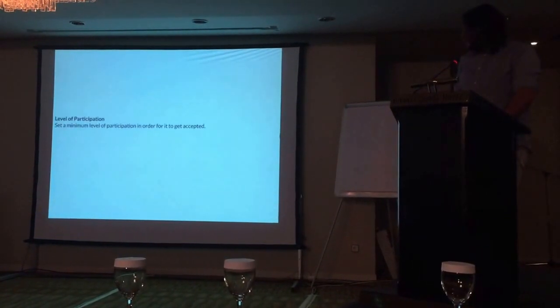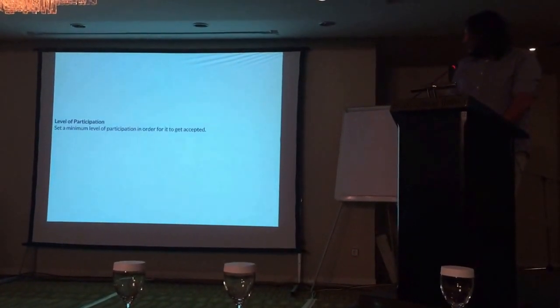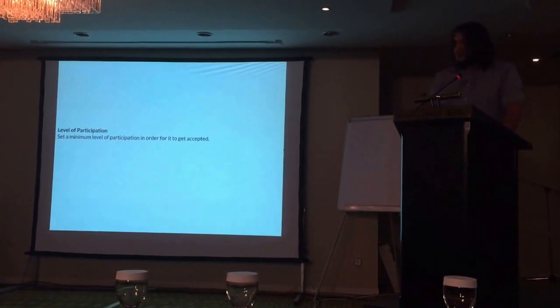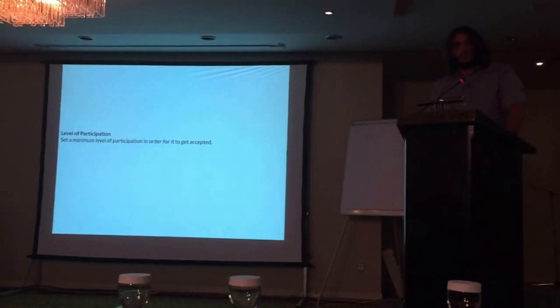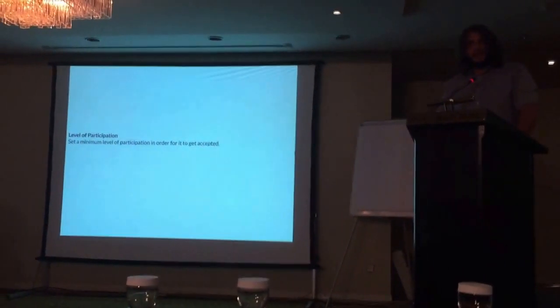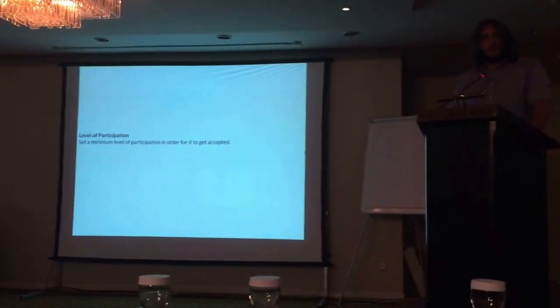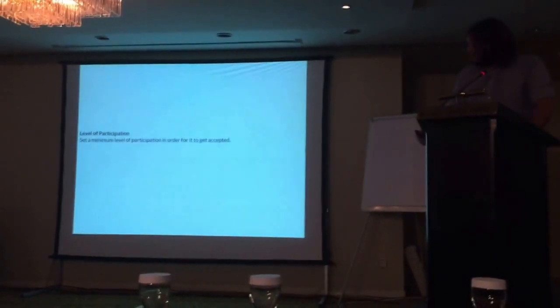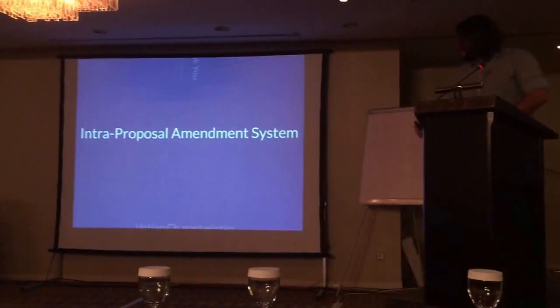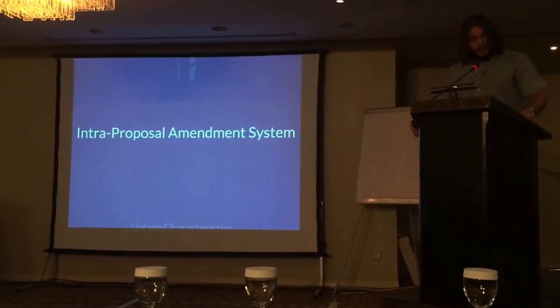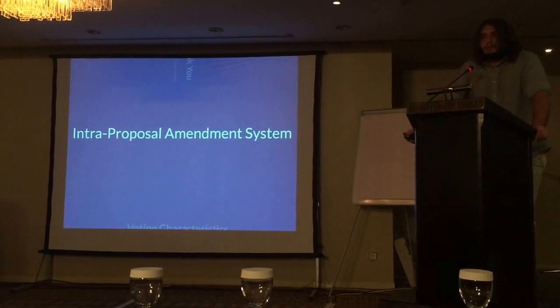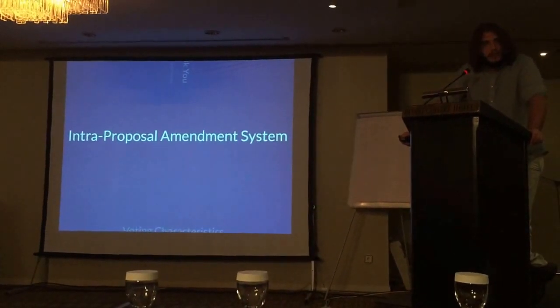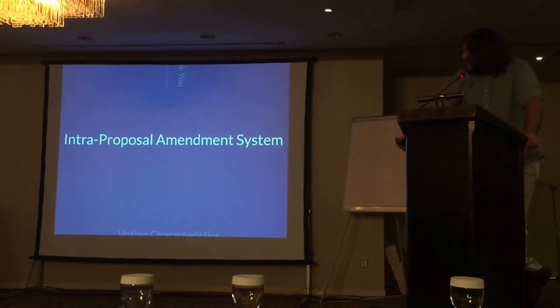In the same way of thought, users, when creating proposals, will have the option to set a minimum level of participation. 51% is a majority, but not so when only 10% of the population participated. So, users will have the option to make amendments to proposals that already exist and not create new ones.